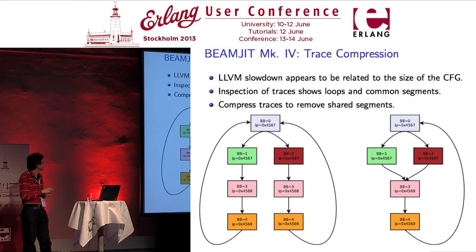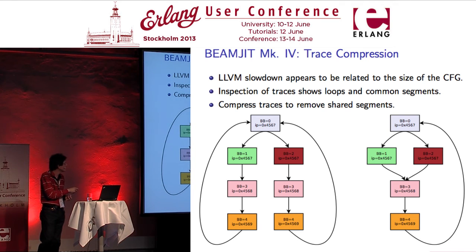You can see there, this one has the same basic block at top. Here are two different basic blocks, but then here, the lower part, the tails, they are the same sequence of basic blocks at the same instruction counter values. So the solution is then to try to compress this trace into something looking like the one on the right.